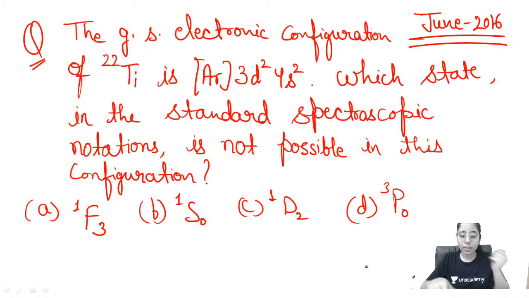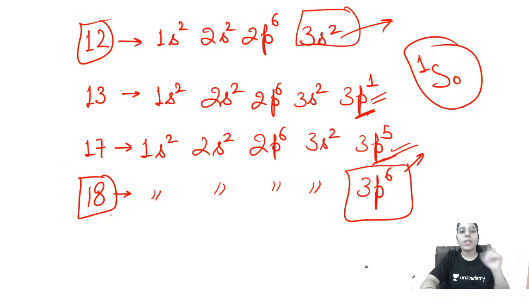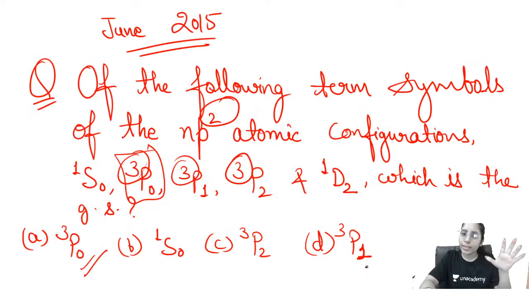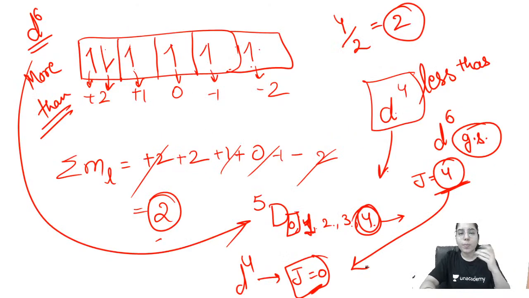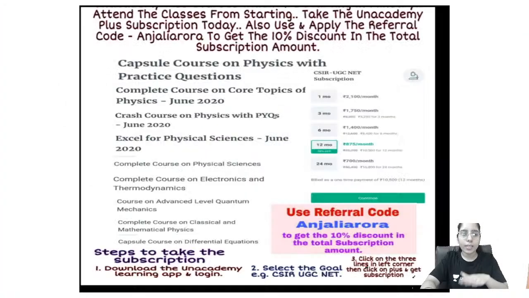Also guys, thank you so much everyone for joining this session. I hope it was helpful for you and you have got to know about the related questions related to spectroscopic terms. There are even some more questions you can get. In December 2019 you had one more question, you can try that too. You know every point which you need to solve any question from the previous year CSIR NET physics exam.